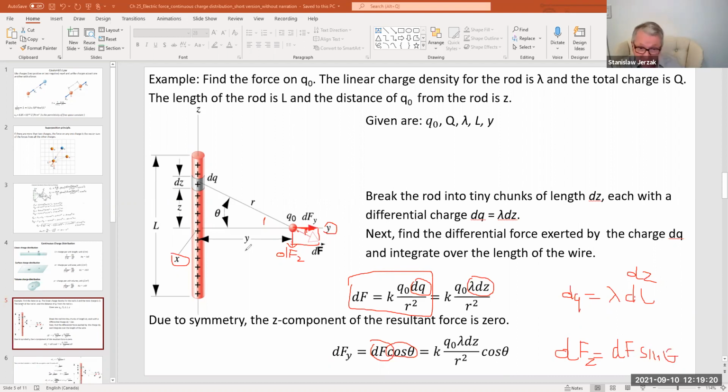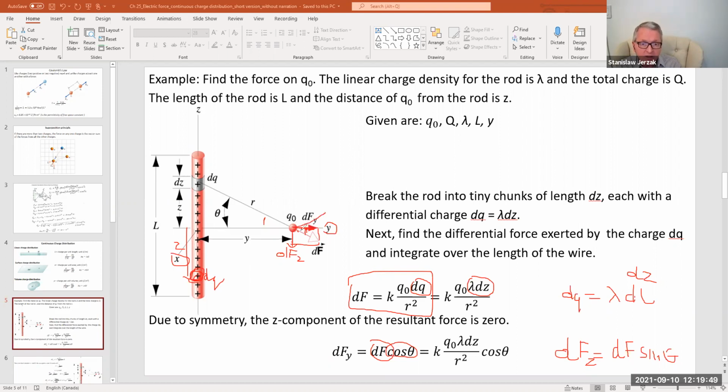However, if you devote a little bit of time to analyze the situation, then you will see right away that if I select a symmetrically located element on that side of the rod, so if this is distance z, and this element would be at distance negative z, right, the coordinate of this would be negative z, then this element dq would exert the force in this direction.